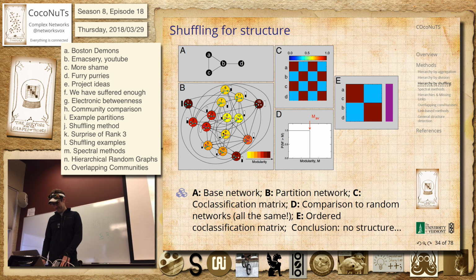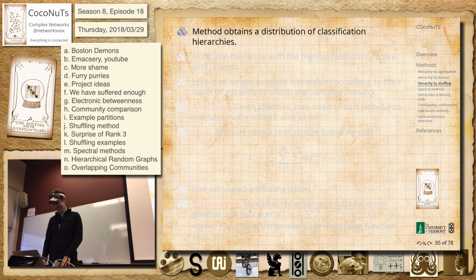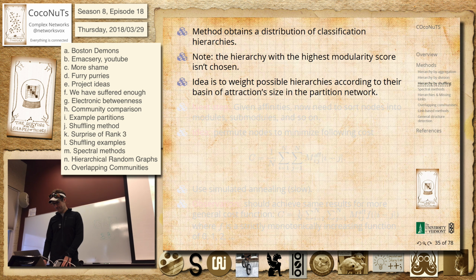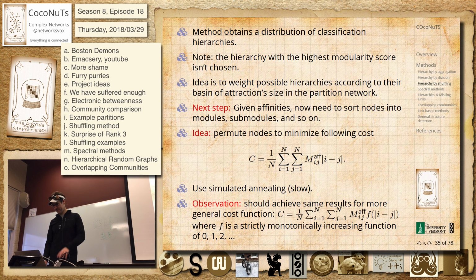I know. Yeah, I think someone really suffered. That's true. So the hierarchy with the highest modularity score isn't always chosen. Oh, dear. I don't know. This is fine. It's a simulated annealing thing. It's going to be slow. I'll show you some of it, I think that's kind of the idea.